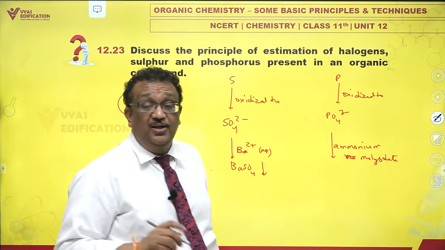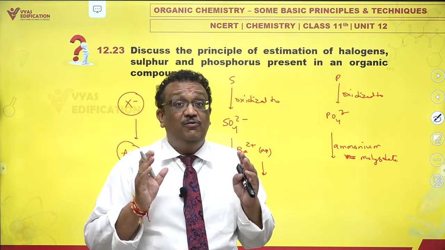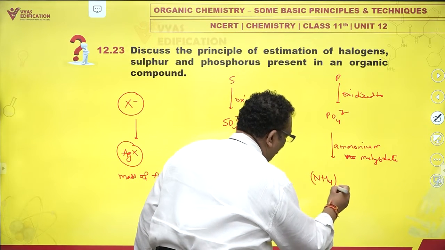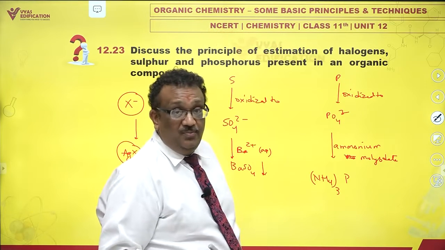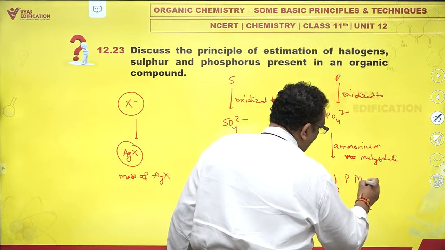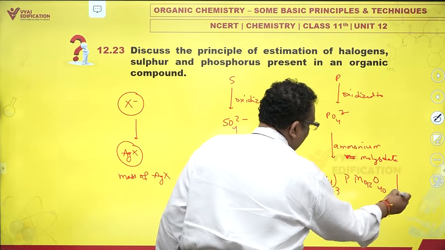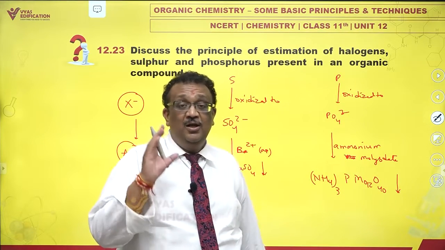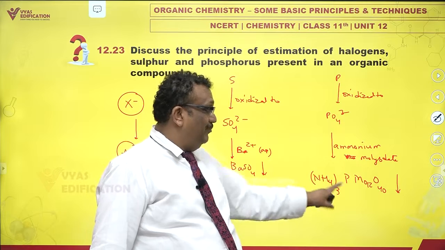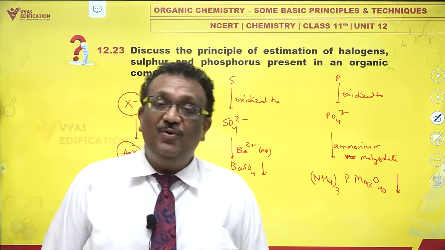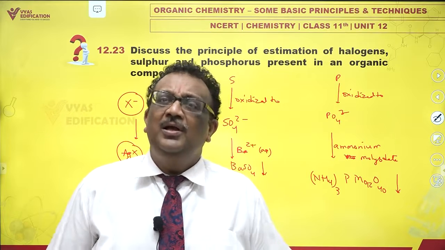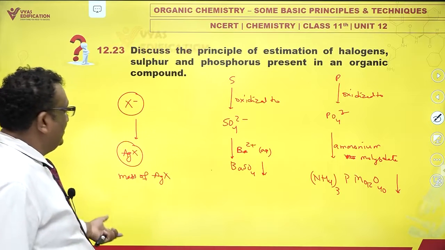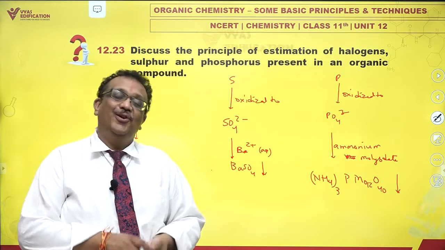And you get a yellow colored precipitate of ammonium phosphomolybdate, (NH4)3PMo12O40, like this. You can filter the precipitate, wash it, clean it, measure its mass, and from there you can find the mass of phosphorus, and that will give you an estimate of the amount of phosphorus present in the organic compound. There are more methods, but these are very standard methods for estimation of halides, sulfur and phosphorus in the organic compound.